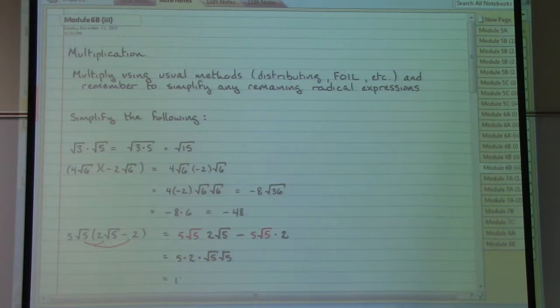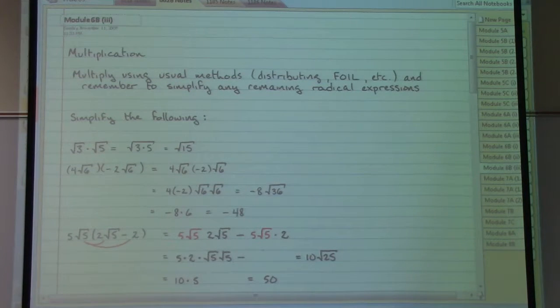And that would give us 10 square root of 25. I'll tell you what, let's actually write that one off to the side here. 10 square root of 25. Square root of 25 would give us a 5. And so for part of our answer, we would be looking at possibly a 50 appearing.